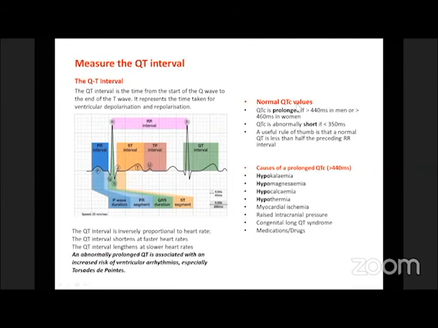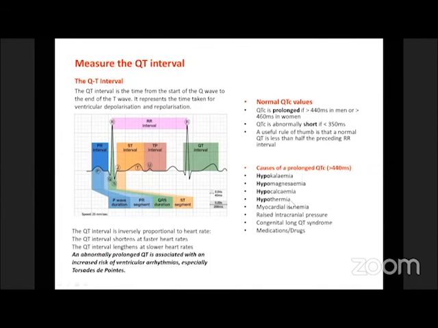Normal QT interval. QT is prolonged if more than 440 milliseconds in men or more than 460 milliseconds in women, and if it is less than 350 milliseconds, regarded as short QT.